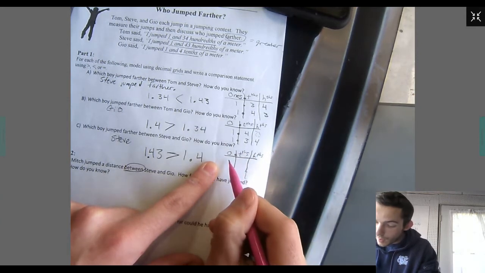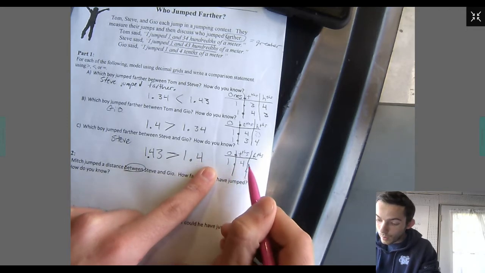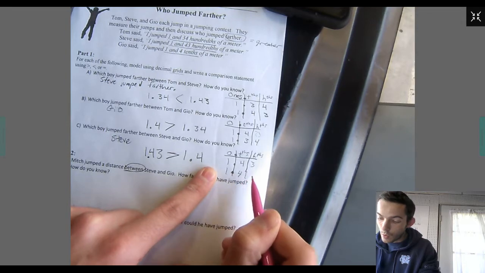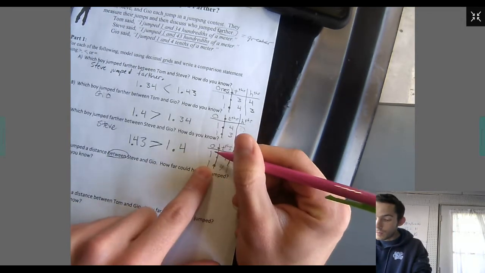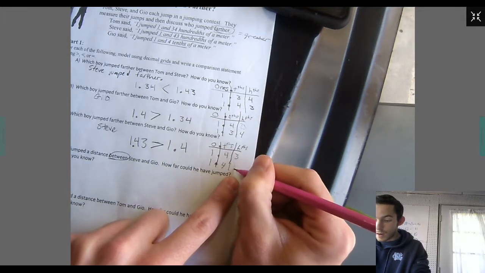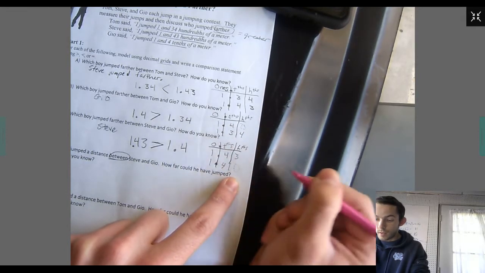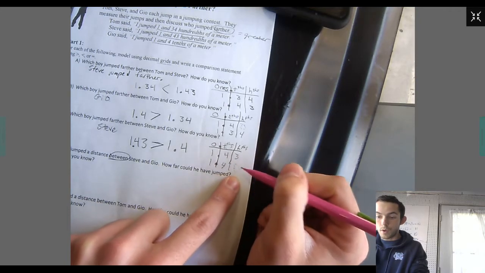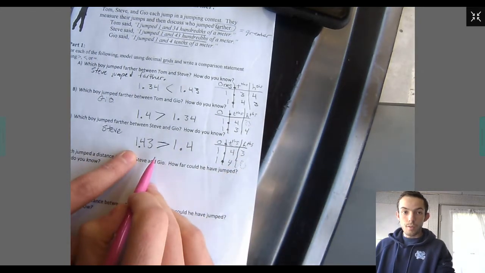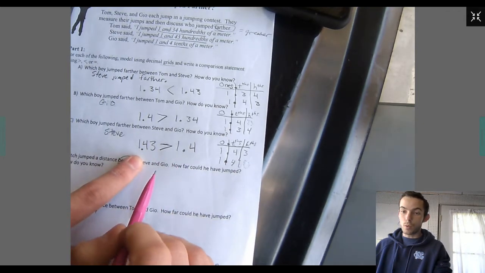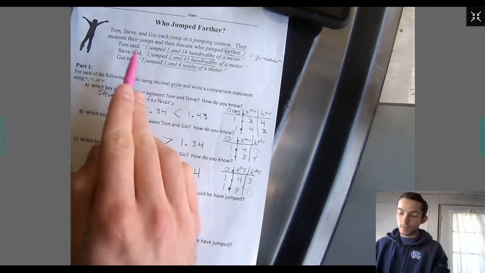So we have 1.43 versus 1.4, and then if you're not sure, we see in the ones place they're the same digit, same in the tenths place. Here we have a 0. Remember, so 43 hundredths is going to be greater than 40 hundredths. Therefore, 1 meter and 43 hundredths is greater than 1 meter and 4/10. Steve is greater than Geo.